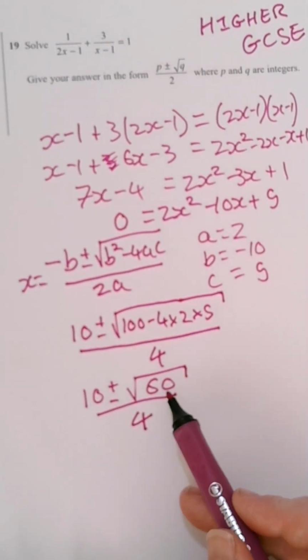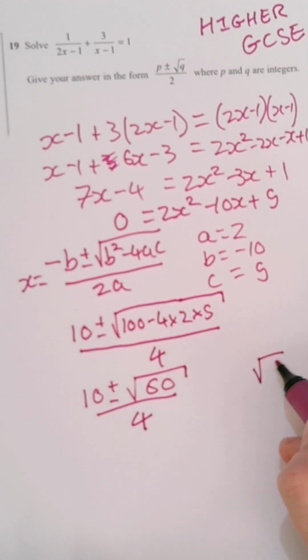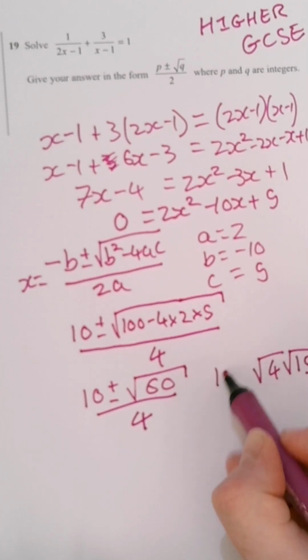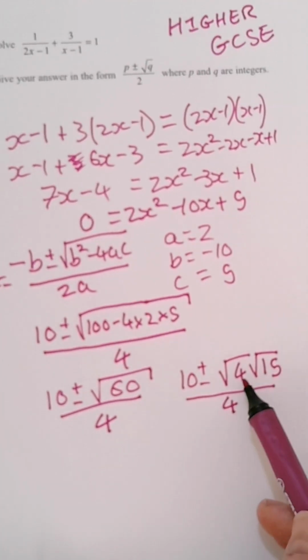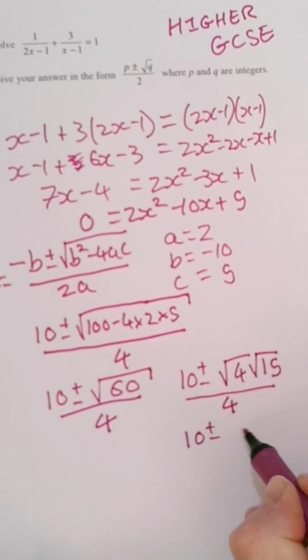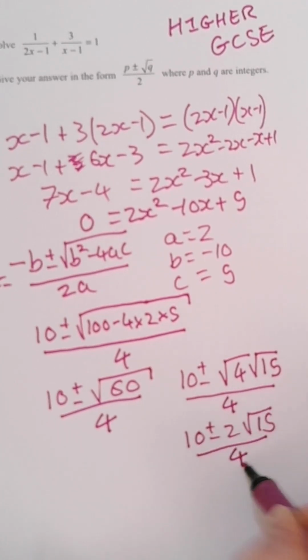So root 60 is 4 times 15 is 60, and 4 is a square number, so it's root 4 times root 15. We've still got our 10 and plus and minus, and we've still got 4. Now, root 4 is 2, so I've got 10 plus or minus 2 root 15 all over 4.